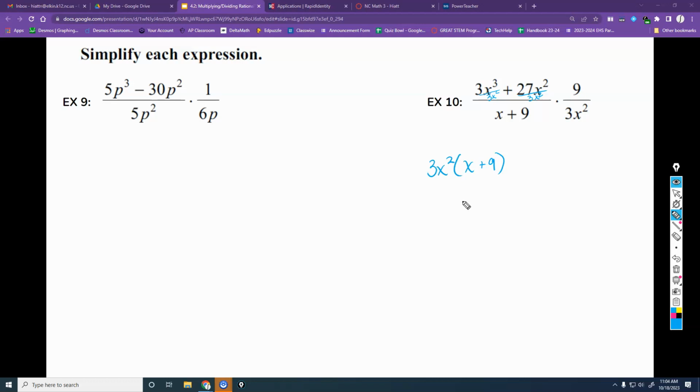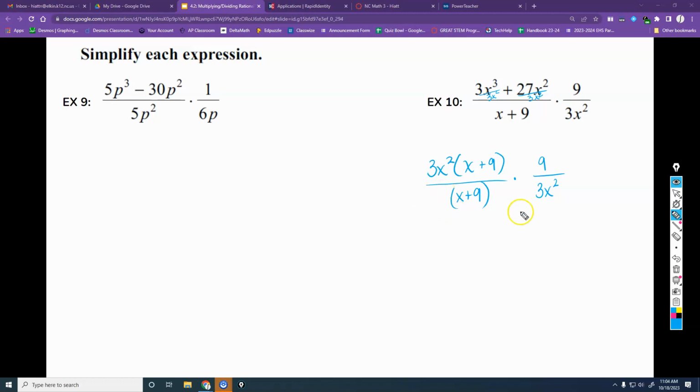We okay there? All right, can I factor x plus 9? If it was x squared, I could do something with it, but it's just an x, so I cannot do anything there. There's no greatest common factor. I can't do anything with a 9, it's just a number. The 3x squared, can't really do anything with it either.